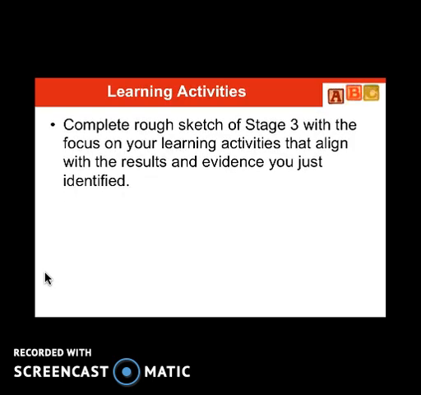So then you look at stage 3, and what are some of the learning activities? Those could be things as broad as a KWL chart, a think-pair-share, a read, discuss, and write. Whatever your strategy is that you're using, that's where this will go in.